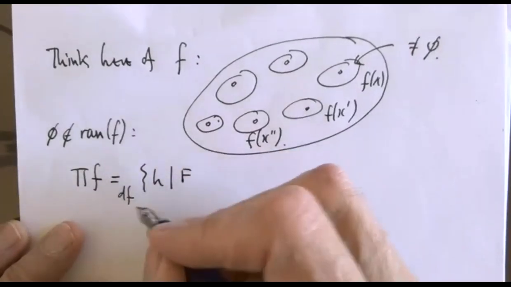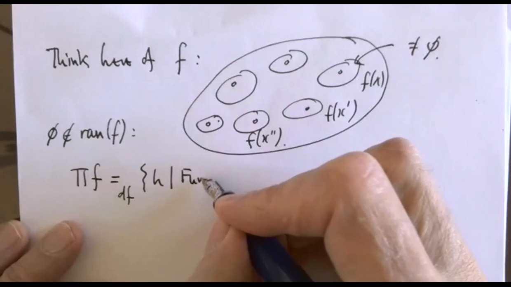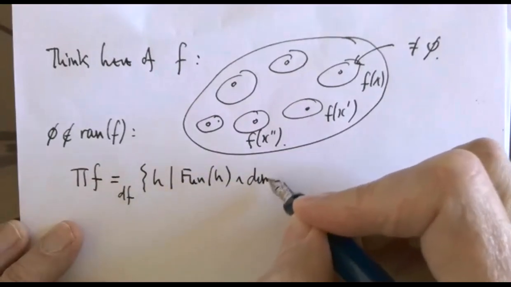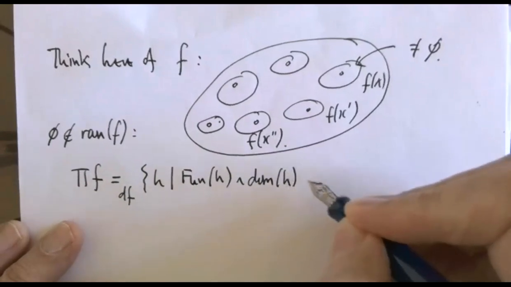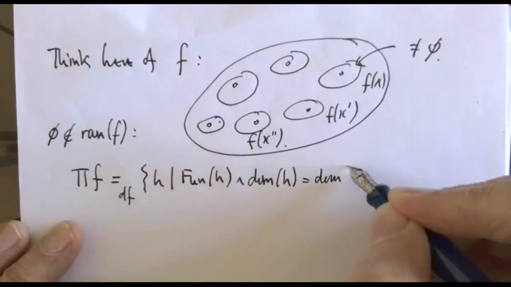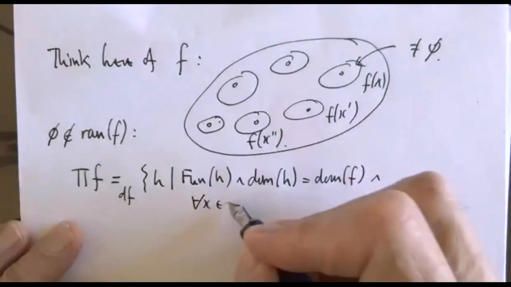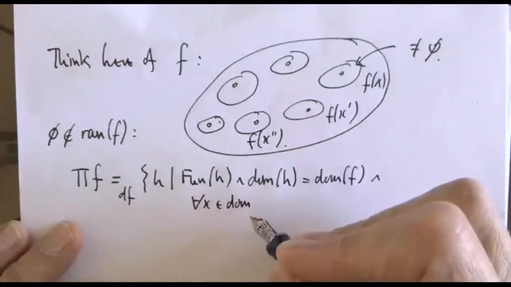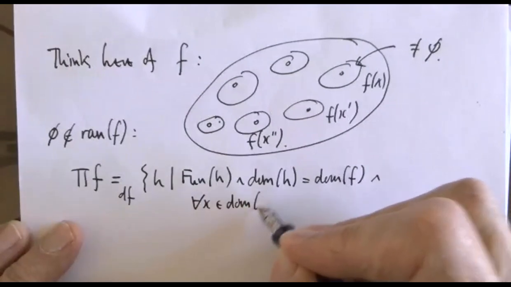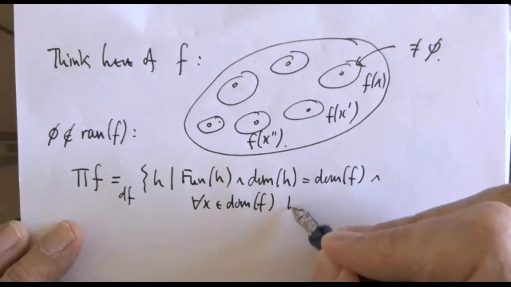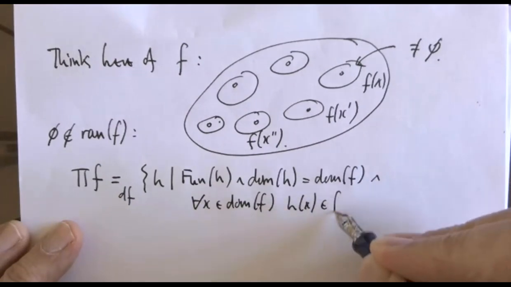So the Cartesian product here is the collection of h's such that h is a function and its domain is the same as the domain of f. And I pick anything x in the domain, then h of x is a member of f of x.